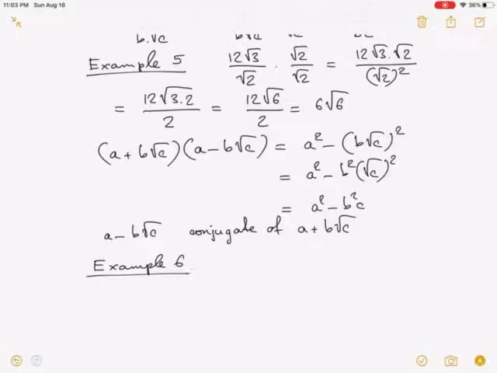Now, example 6. 1 plus square root of 5 divided by 2 minus square root of 3. The conjugate of 2 minus square root of 3 is 2 plus square root of 3.